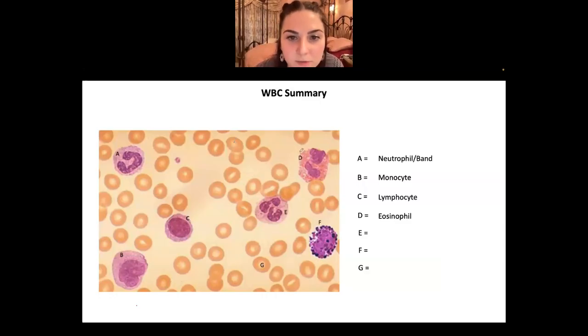So the people that said neutrophil for this one and the people that said eosinophil for A, or vice versa: can you kind of see the difference between these two? If you look at these two side by side, this is a lot more pink compared to this, and the granules are a little bit bigger. It might just take looking at a bunch of blood smear slides to fully get the difference, because they look the same minus the color of the cytoplasm. But good, this is an eosinophil.